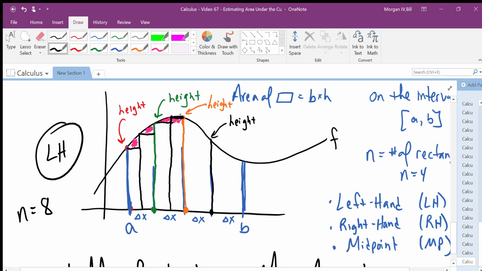I'll have this one, but I won't have this error there. I'll only have this part. More rectangles, less error. Same idea as we keep going here. I'll have this other rectangle who will have a height here, and then the next one will have a height here. Still an overestimation, but less of an overestimation than before. Same thing here in this last one.